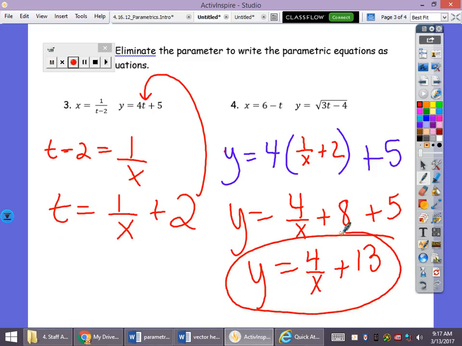And you can leave it like that for now. Question? You had 4x instead of 4 over x. Okay, everyone good?